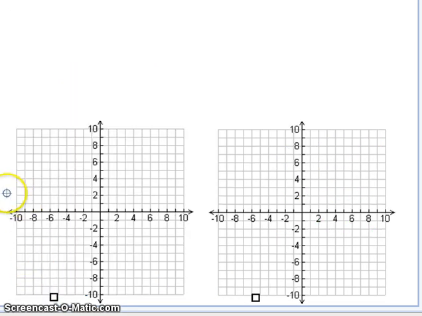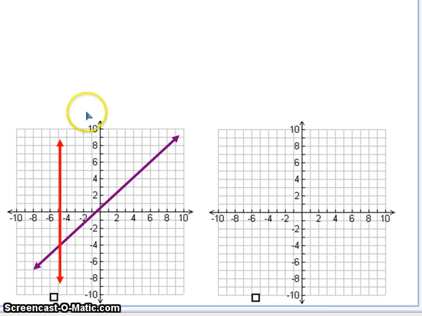In fact, we can look at different types of functions and try to decide. If we have a linear function, something going like this, it passes the vertical line test. We are only going to touch with the vertical line one time.